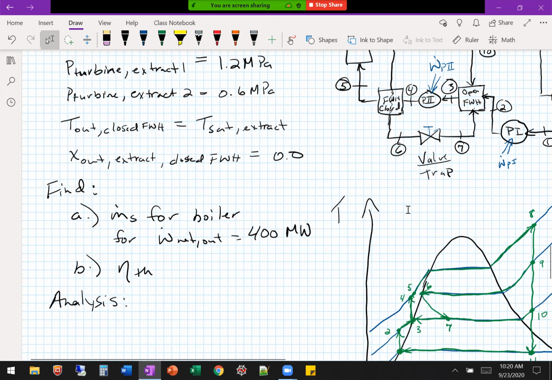That's what is happening with the valve: not putting in extra work, just using a valve to drop its pressure and put it in the open feed water heater. Otherwise, if we wanted to raise its pressure, we'd have to put it in a pump and a mixing chamber to put it into the higher pressure section.